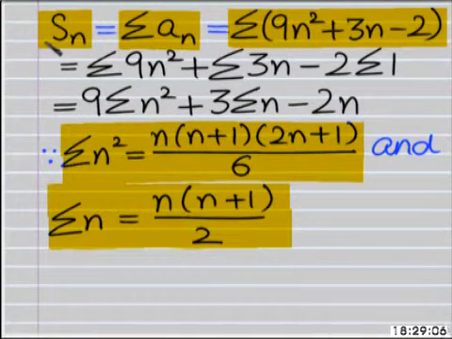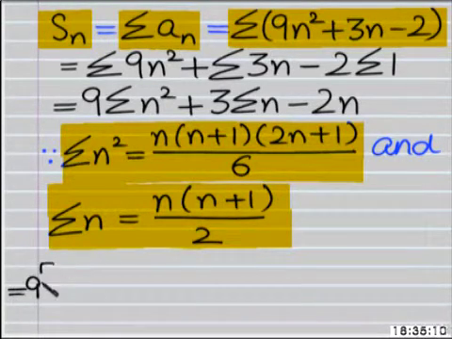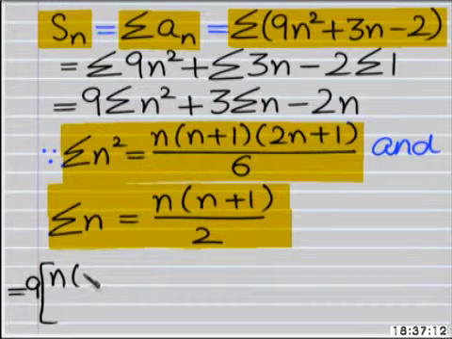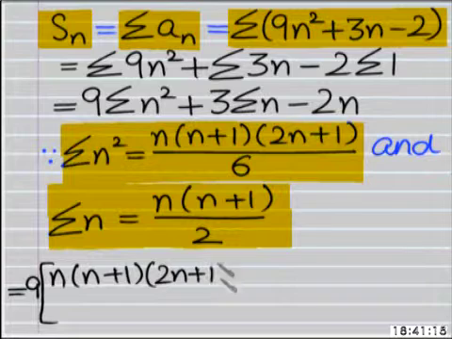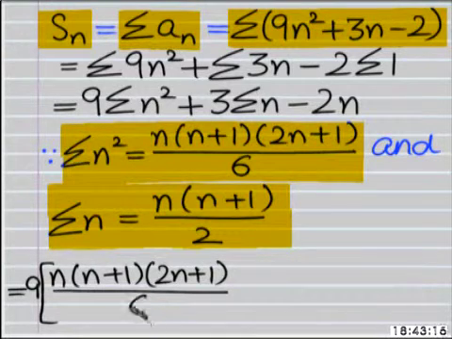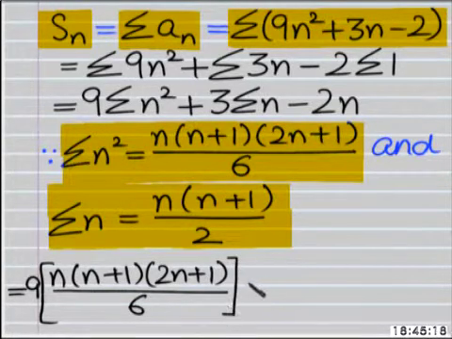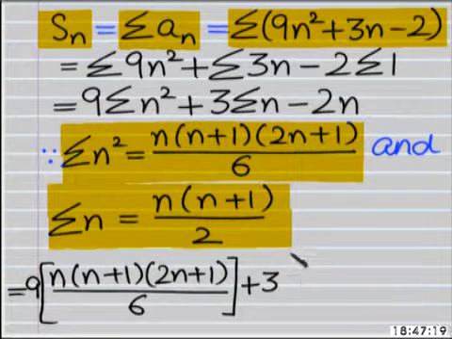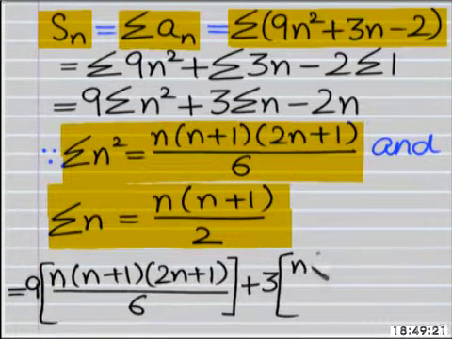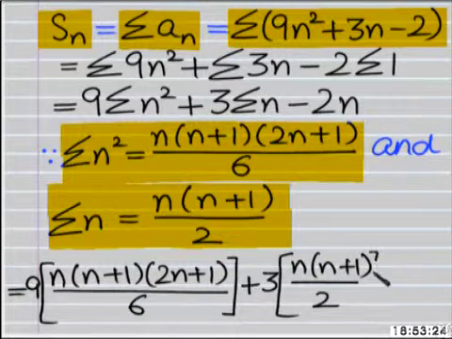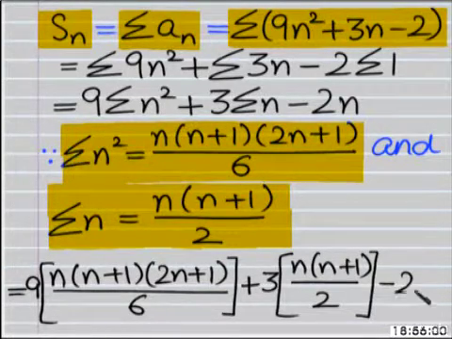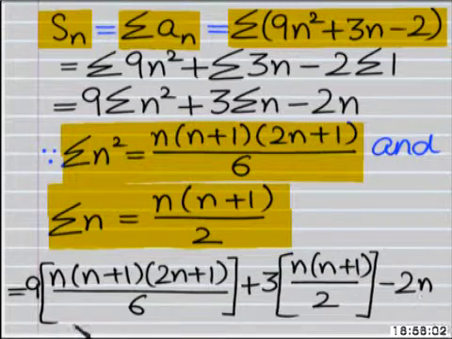Therefore, required sum of the given series Sn is equal to 9 whole multiplied by n into n plus 1 into 2n plus 1 whole divided by 6 plus 3 whole multiplied by n into n plus 1 whole divided by 2 minus 2 into n.